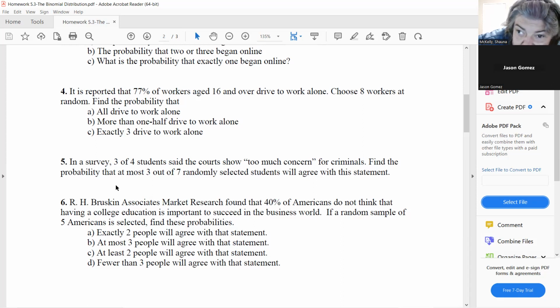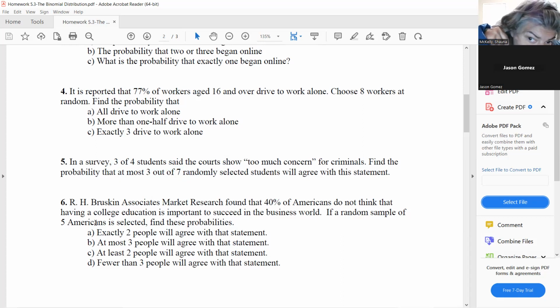How do they tell us what P is here? Be careful, it's 3 out of 4. We want to find the probability that at most 3 out of 7 will agree, but let me ask it this way: how likely are the students to agree with the statement?